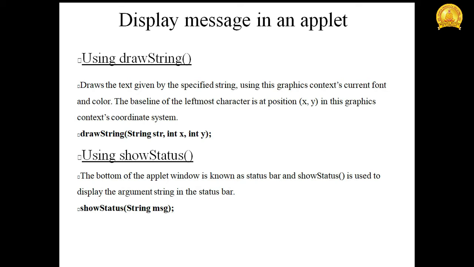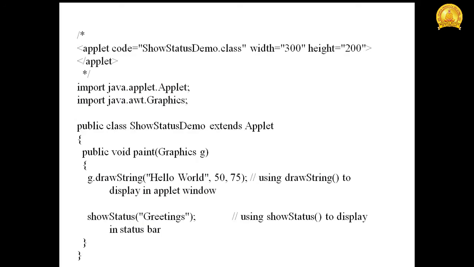So you can use the method showStatus and pass a string. Whatever string you pass in the showStatus method will be displayed in the status bar, at the bottommost portion of the applet. So these are the two methods used for displaying a string in an applet.